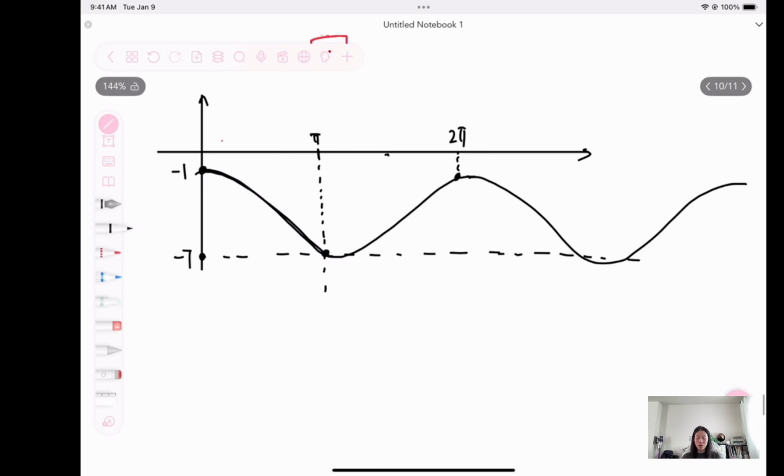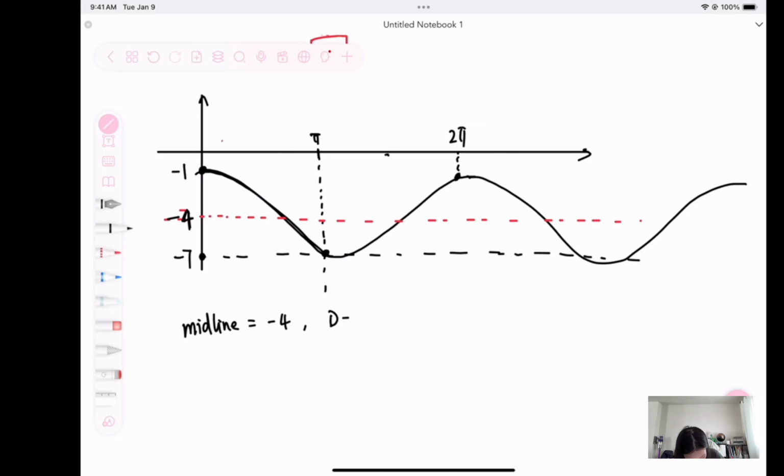And now, how do we find the equation? Well, let's find the midline. The midline is halfway between the highest point and the lowest point. It should be here, equal to -4, right? So the midline is equal to -4.